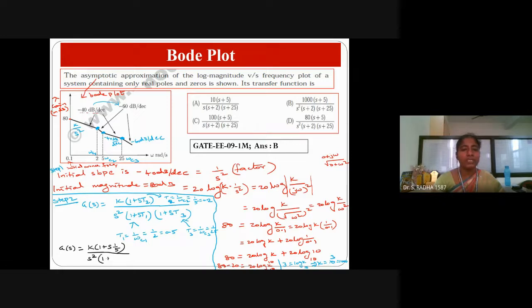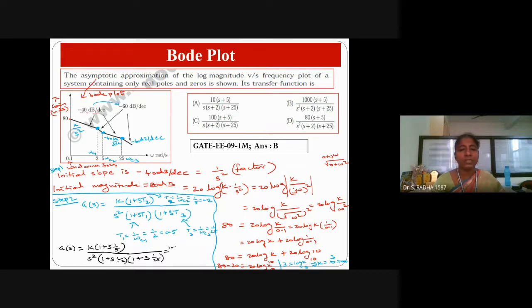Denominator 1 plus s into T1, where T1 value is 1 by 2. Next, I have one more factor, 1 plus s T3, and T3 value is 1 by 25. So now you can just substitute and simplify.